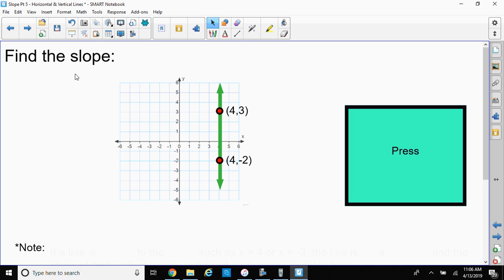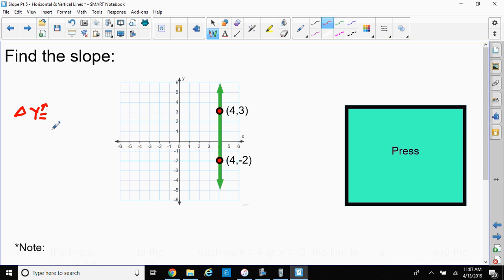Okay? So let's find the slope of this line. So here we have a point (4, 3) and a point (4, -2). So remember, as I said, the rate of change, we just count how many boxes we go up from one point to another point, and then how many boxes over. So the change in y, how many boxes up, let's count. I'll start down here and count my way up. 1, 2, 3, 4, 5 boxes up.